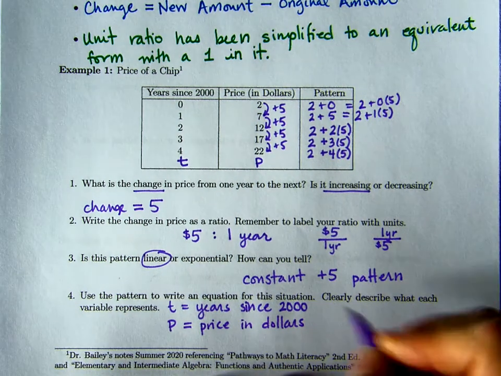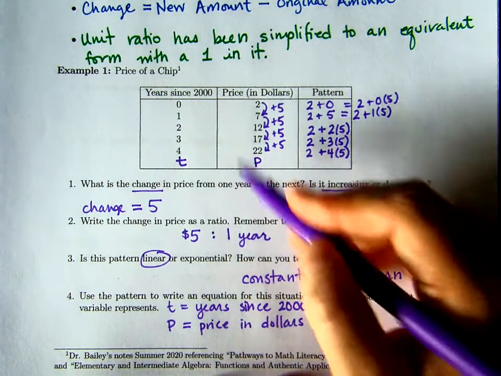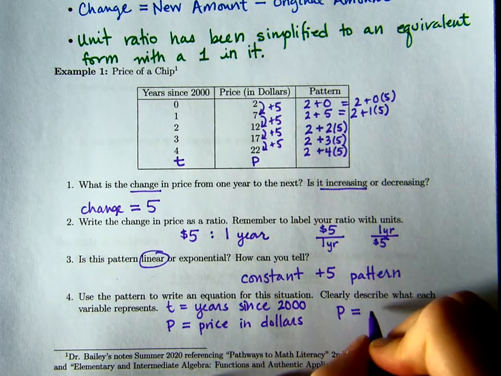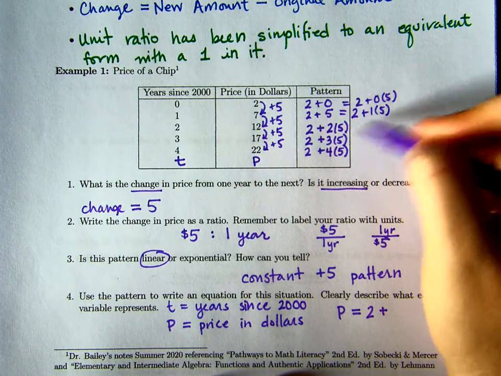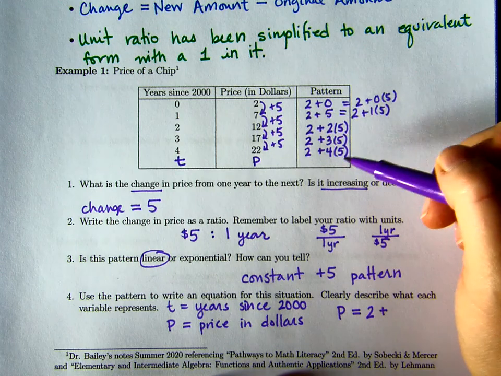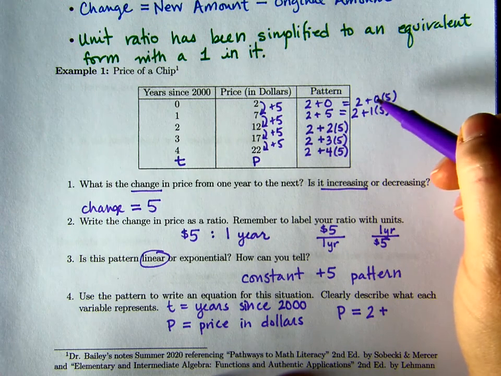And my equation then is that the price is equal to 2 plus however many 5s, and each year it adds another 5. So this is T right here.